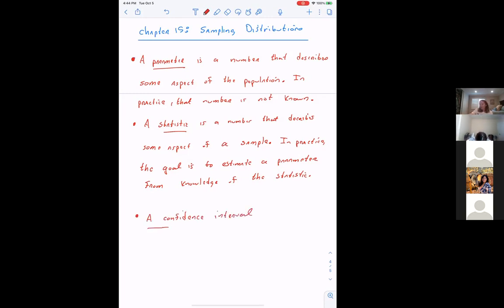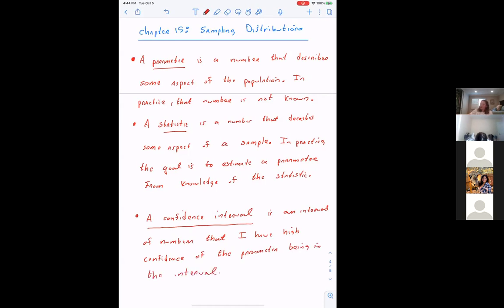A confidence interval is an interval of numbers that I have high confidence of the parameter being in the interval. I'm not sure if that was correct in English or not, but hopefully you all get the gist of what I'm saying.